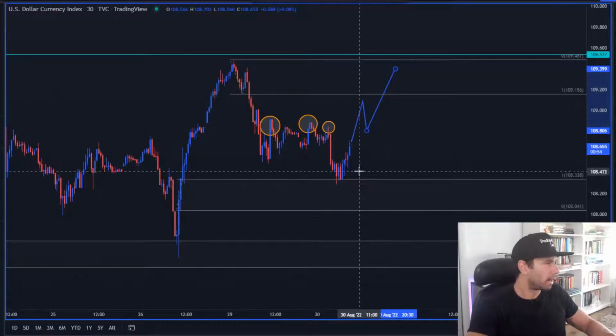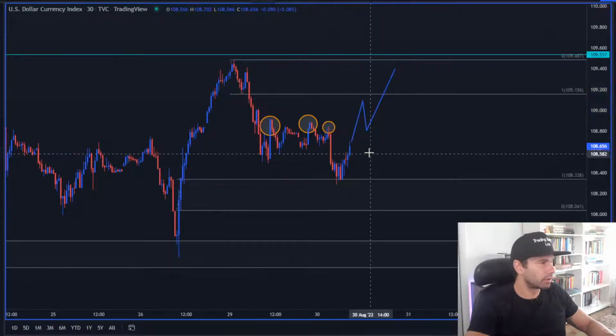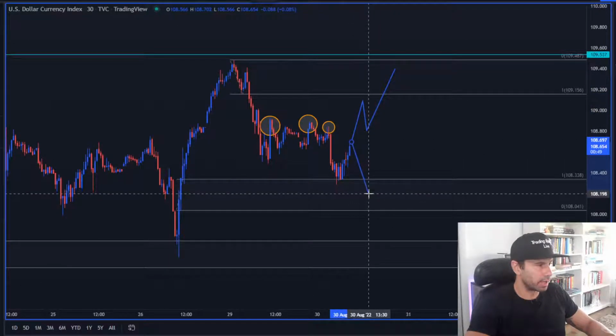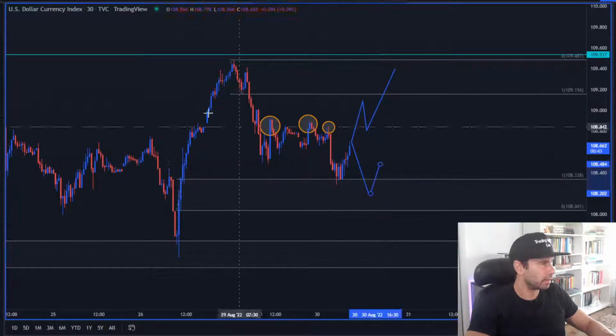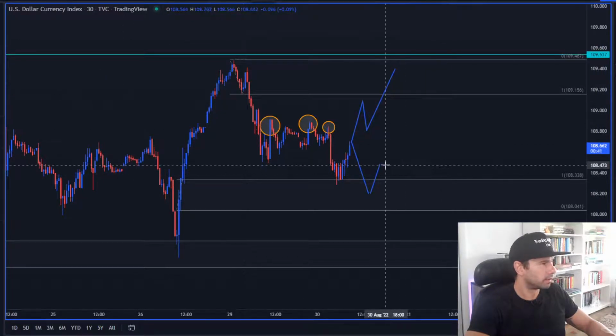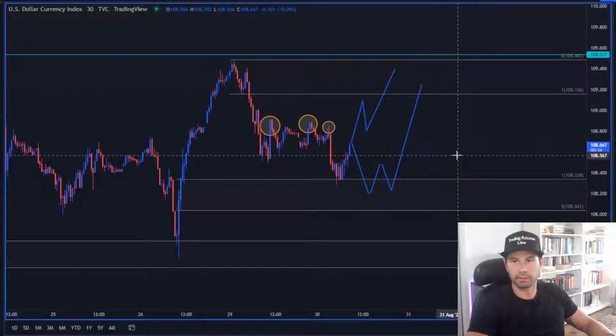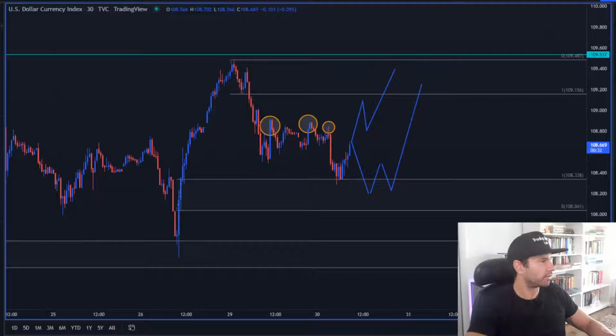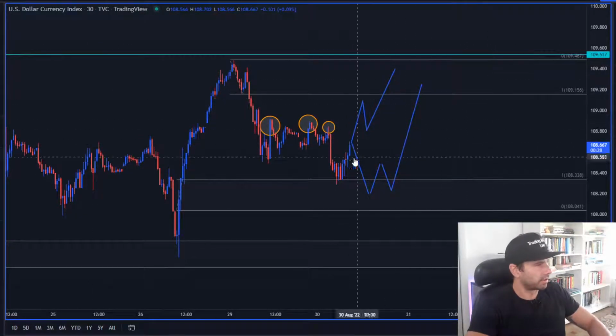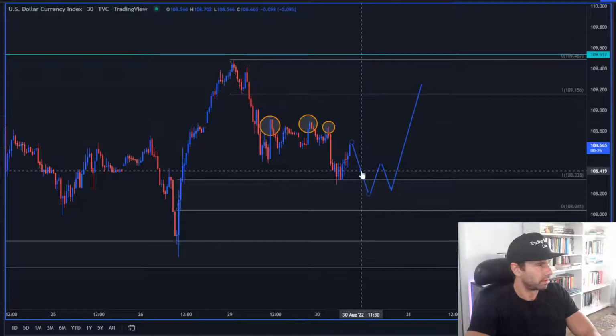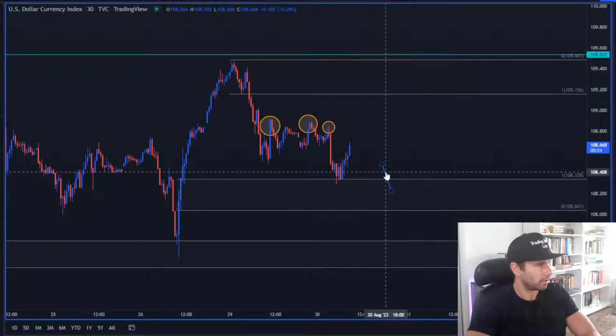Okay, and if the dollar continues to come down here, and then I have this type of movement, right? Then this will mean bearishness on the market, right? Whereas if the dollar comes, all right, let me get rid of these lines.